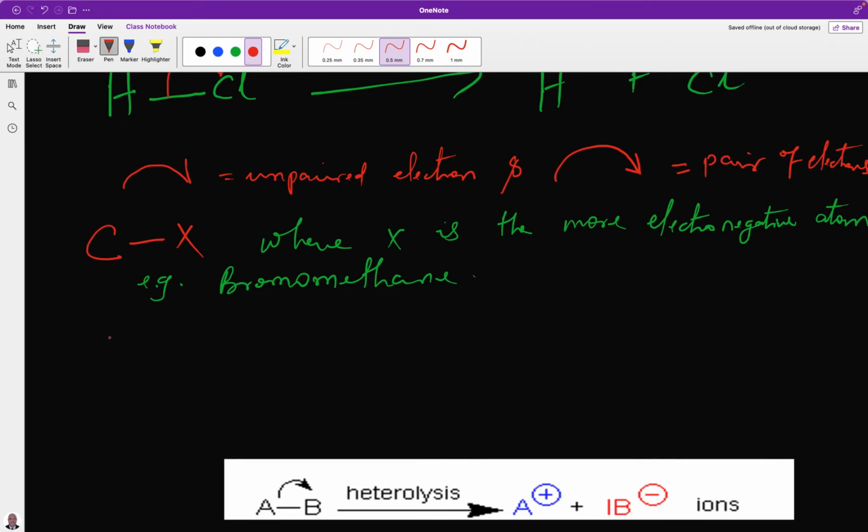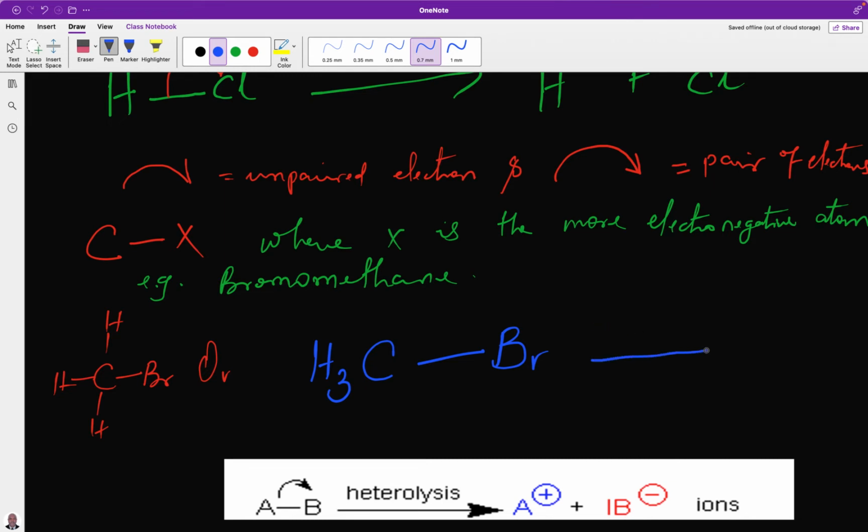You will have a carbon. In this case, what happens in the reaction?